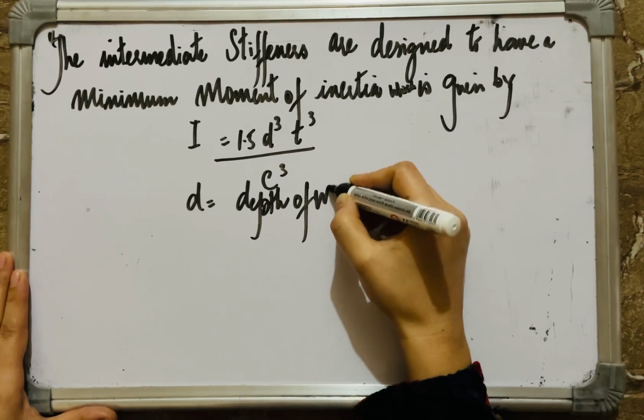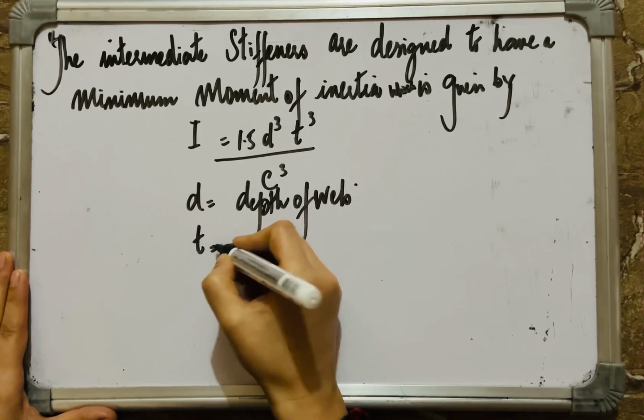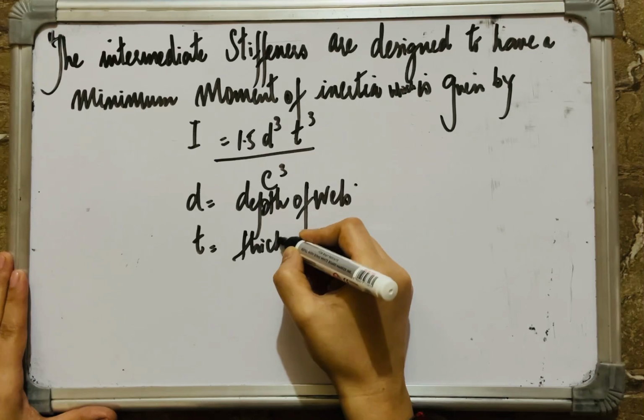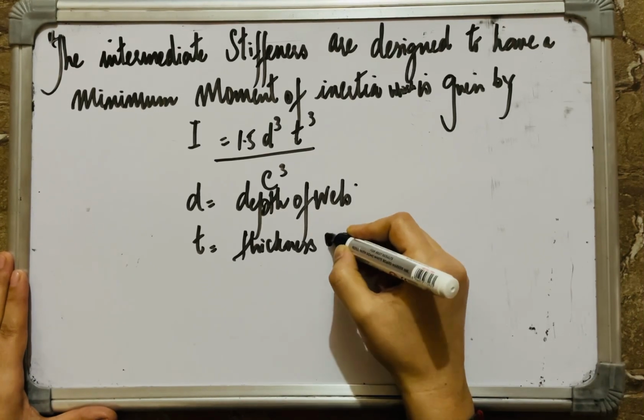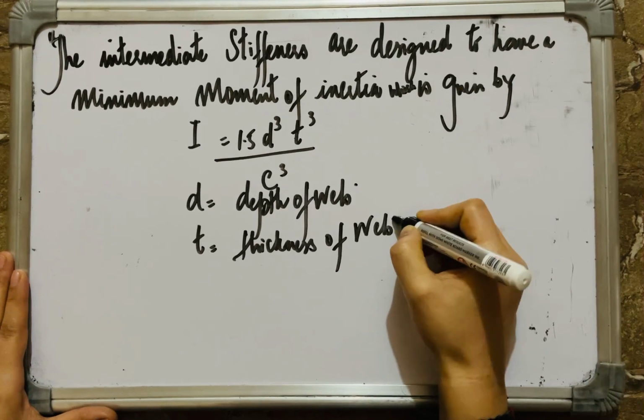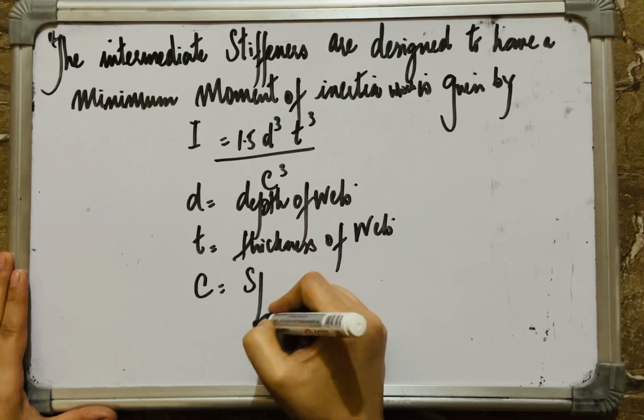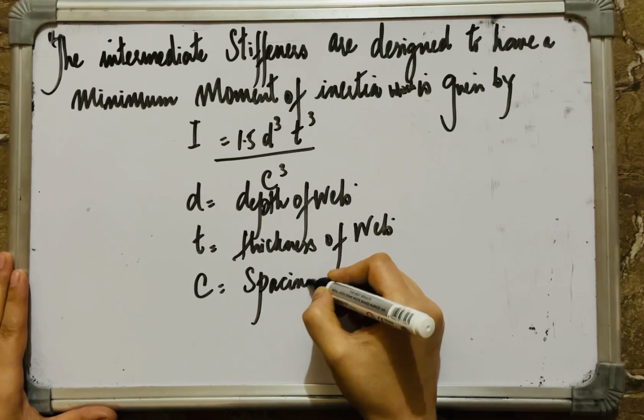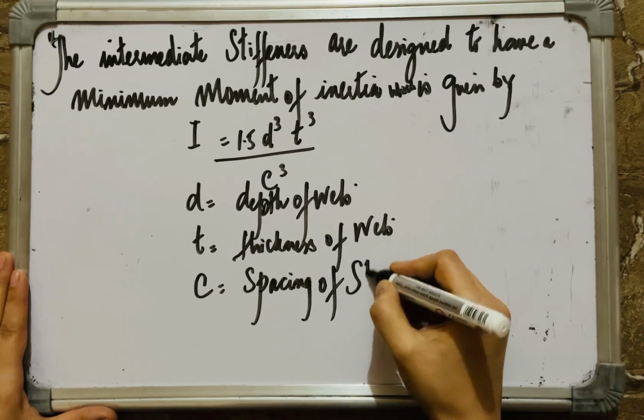You must note it. t is the thickness of web. And what is c? Spacing between the stiffeners, or I may write it down as spacing of stiffeners.